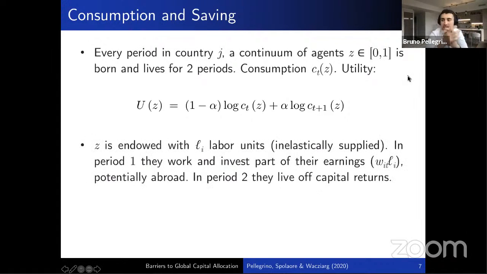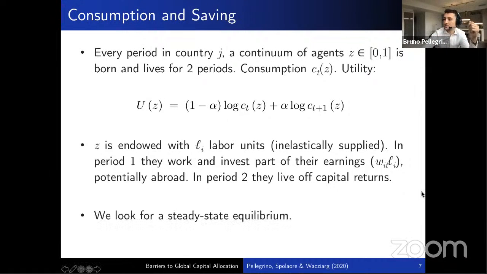Now, each agent Z is endowed with units of labor that are inelastically supplied. When they're young, in period 1, they work and invest part of their labor earnings, which are given by WL. They can invest abroad. In the second period, when they're old, they live off their capital returns. And in this model, we are going to look at a steady-state equilibrium.